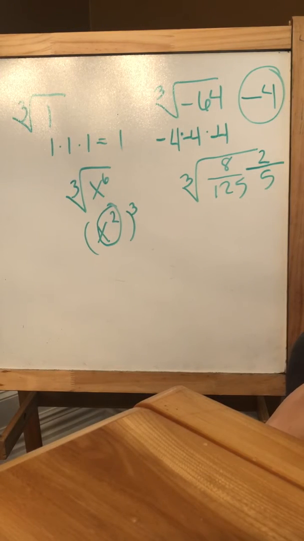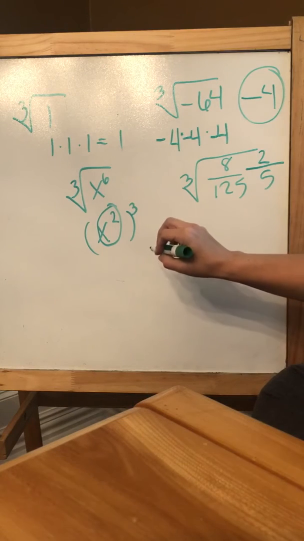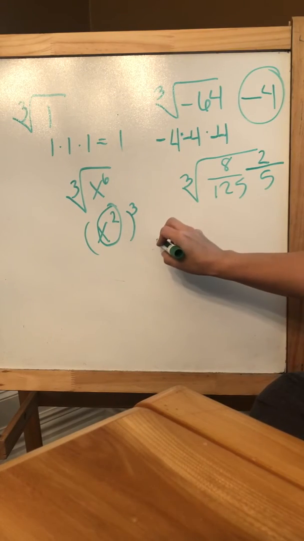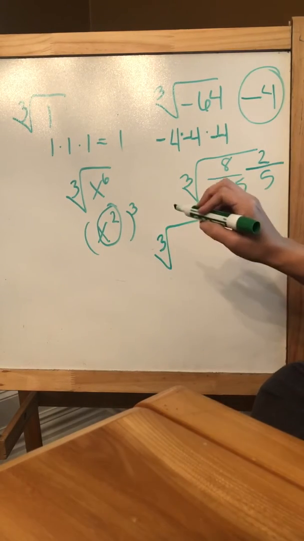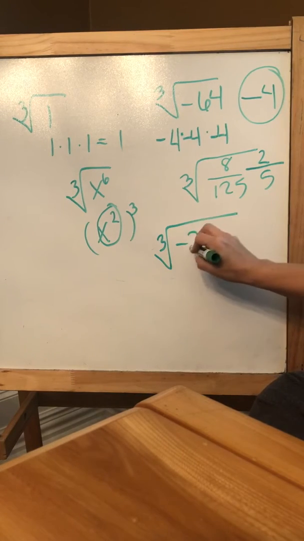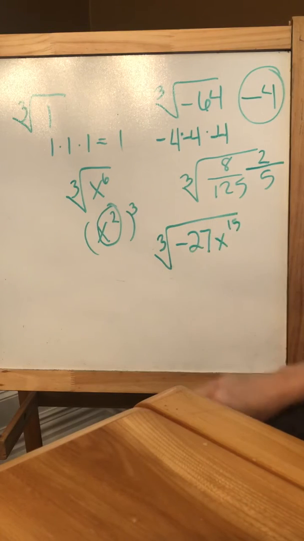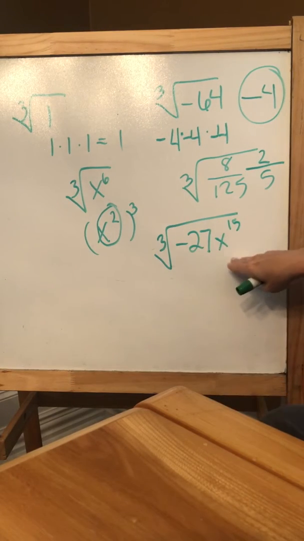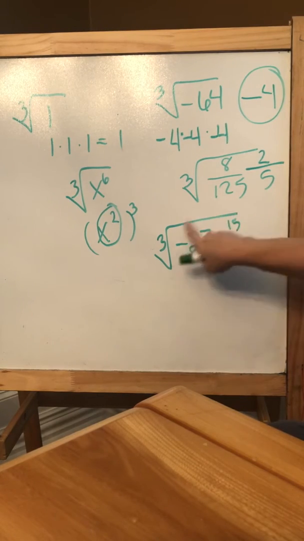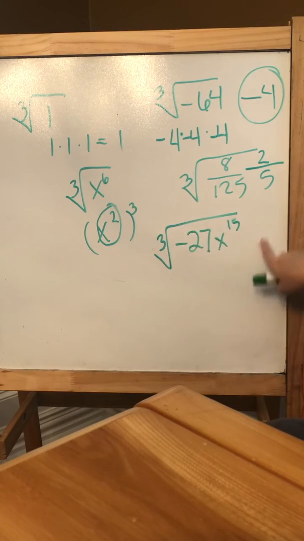All right. Next example, we have the cube root of negative 27 x to the 15th, okay? We're going to use the same basic strategy we did for taking the square root of a large number here.